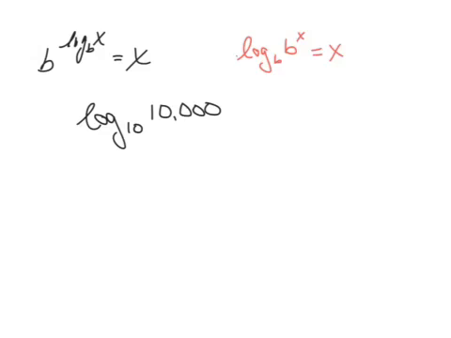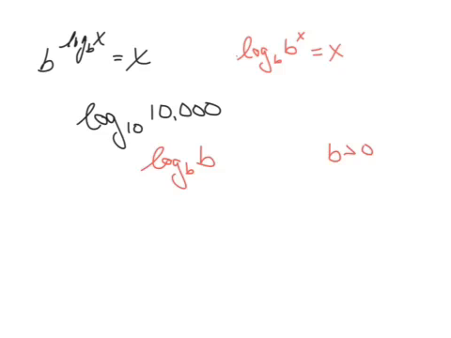So let's look at number 7. Number 7 gives me log base b of b, and they're also saying that b has to be greater than 0, but that's neither here nor there.